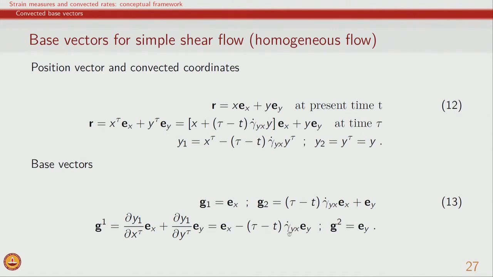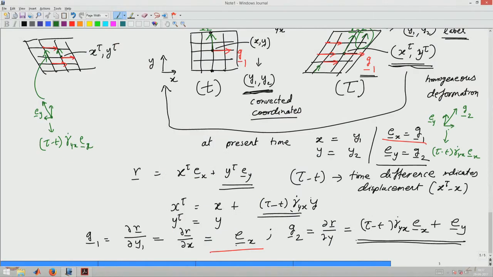So, if gamma dot yx is 0, which means there is no deformation on the material, then G1 will be Ex and G2 will be Ey. So, clearly, as was indicated to us when we looked at the shapes of the grid points, the grid itself keeps on deforming when the material is deforming.